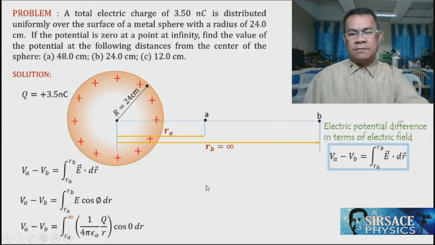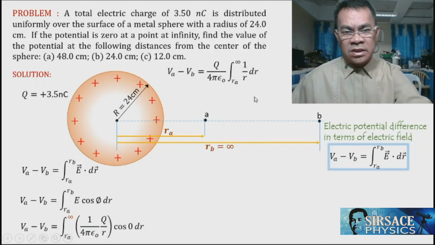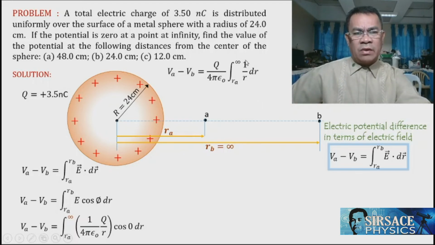So then, take note that R varies. So therefore, this is not a constant. But this one is constant, this is constant, this is constant. So we take it out. Then what we have now inside the integral is only 1 over R, because everything was put outside. Q must be outside.